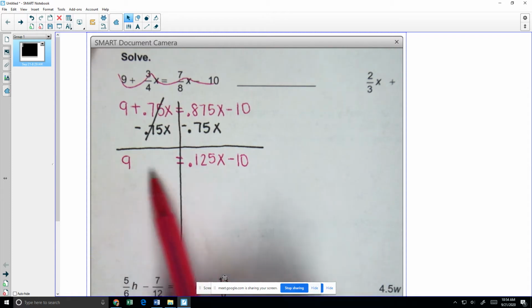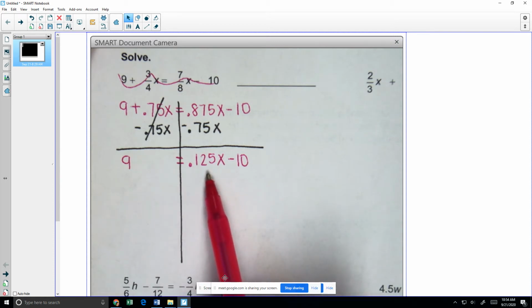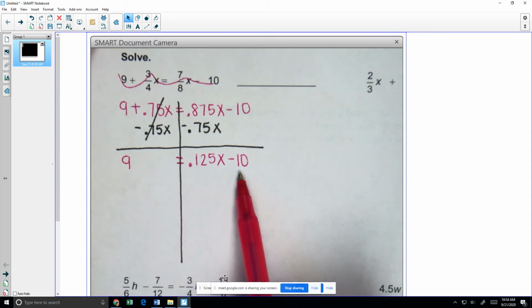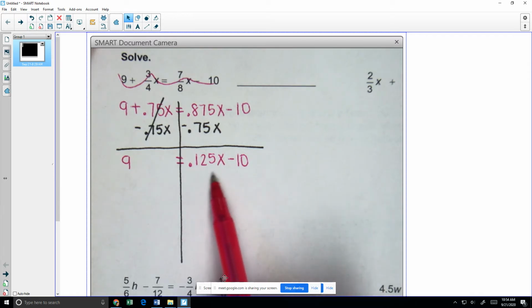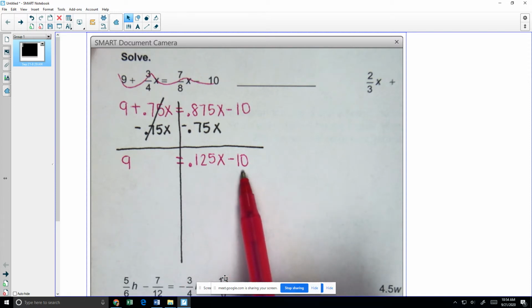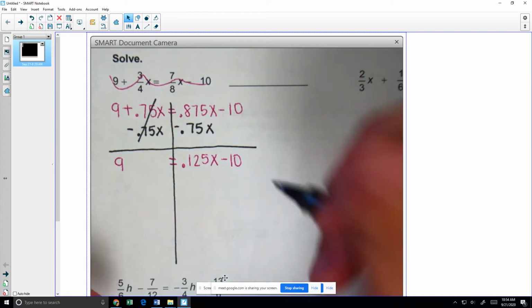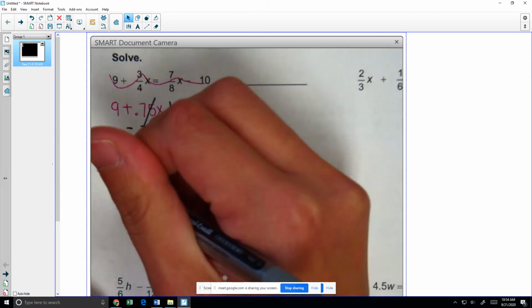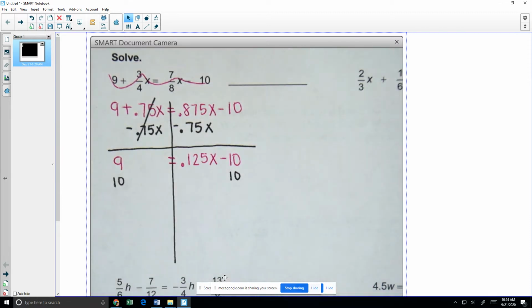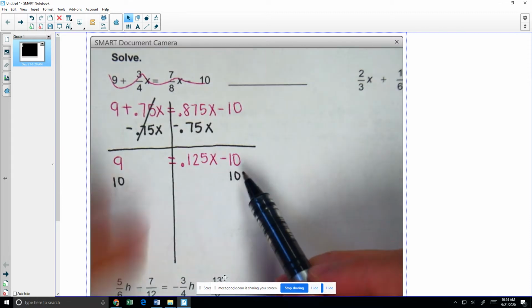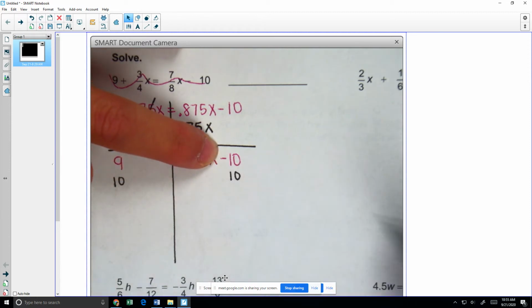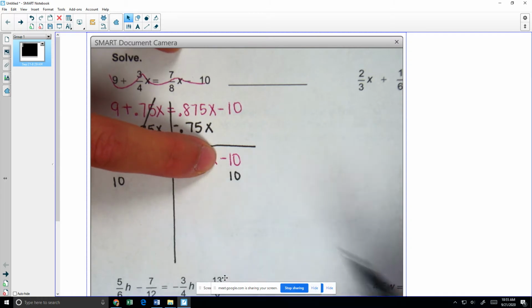Okay, now I have a 2-step equation. I know I need to move the 0.125 and I know I need to move the 10. So what do you think? Which number do I drop down now? Brooke? The 10, because it's farther away from the x. Always move the number that's farther away. So I'm going to drop down the 10 on both sides. Look at the symbol before. I see that it's minus 10. So Leslie, what's opposite of minus?